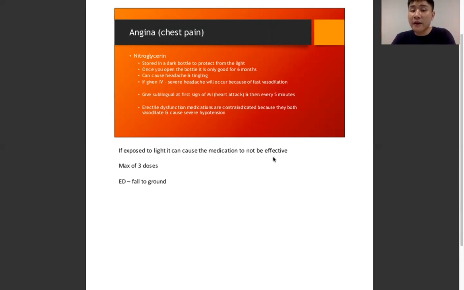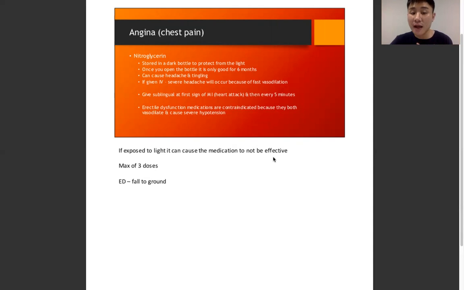So if they are taking that medication and we also give them nitroglycerin, it can cause a severe hypotensive episode, and we don't want too low blood pressure, because if there's not adequate pressure in the body, the blood will not be able to push to the brain. Okay, so no nitroglycerin for someone who is taking erectile dysfunction medications.